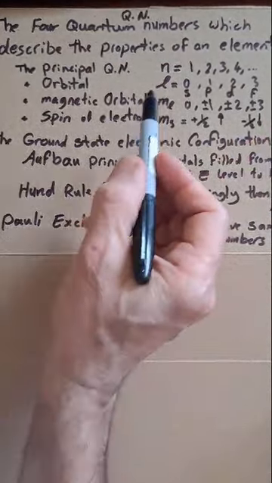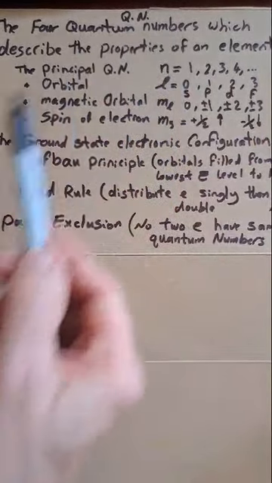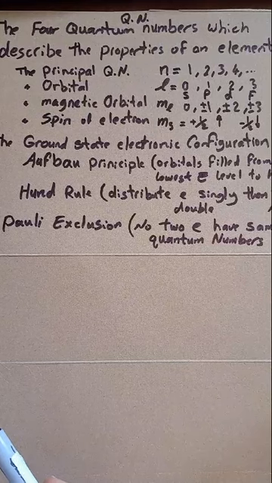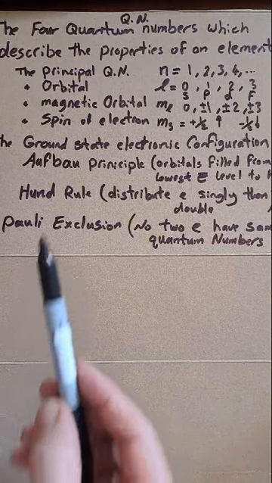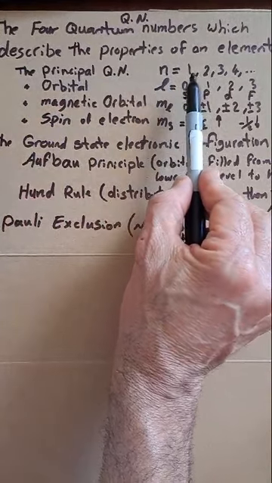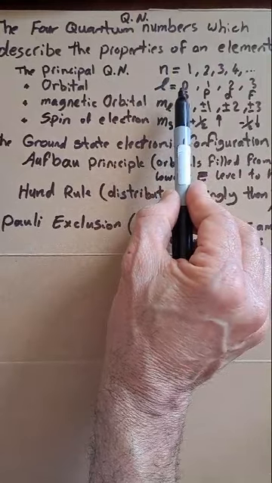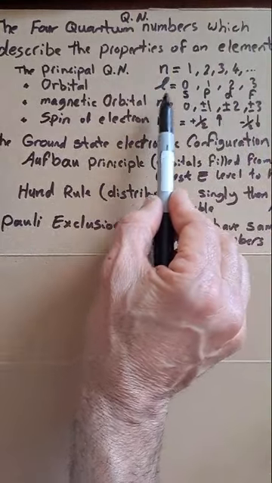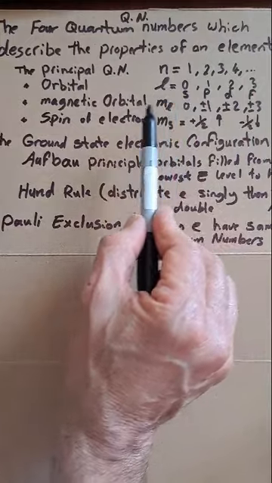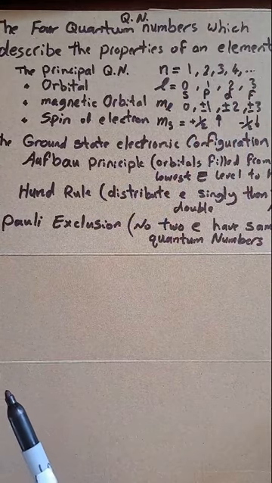Now, these are the main four quantum numbers which describe the properties of the element. The first, the principal quantum number n, takes numbers 1, 2, 3, 4. The orbital l is 0, 1, 2, 3. If l is 0, it is s, and 1 is p, 2 is d, 3 is f.